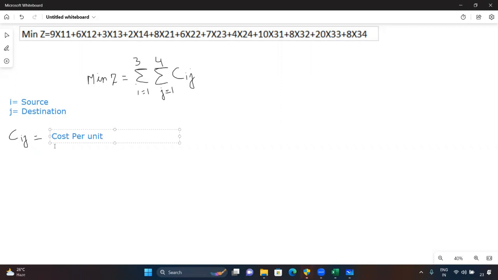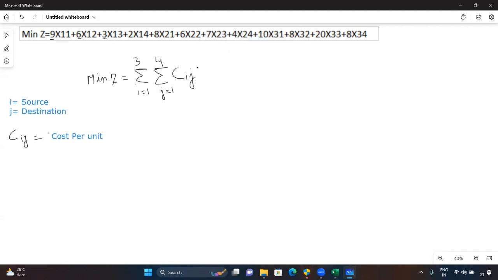Okay, so cij is what? Cost per unit. That means this is cij, cost per unit.